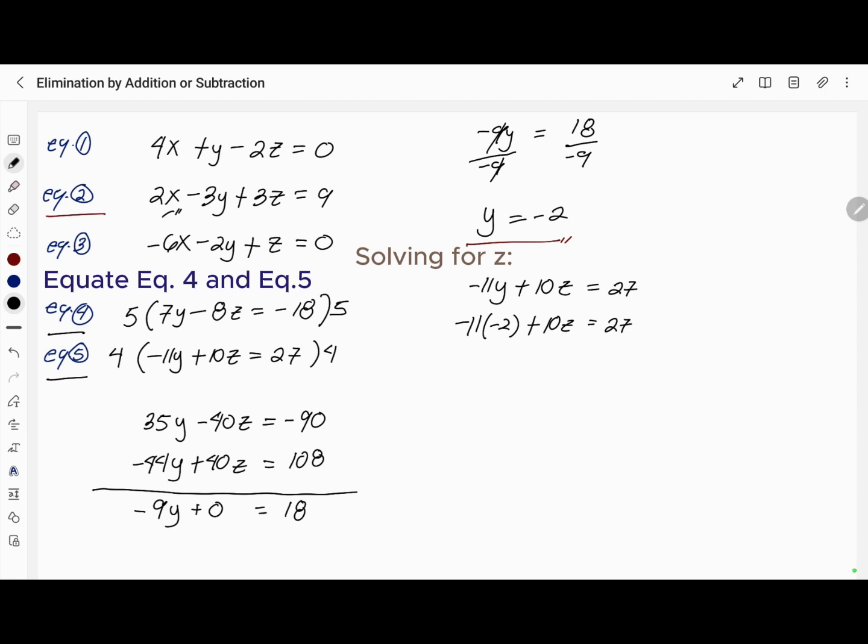Okay, negative 11 times negative 2, we have positive 22. Then transpose the 22. We have 27 minus 22. 27 minus 22 is equivalent to 5. Now divide both sides by 10. We get the value of z equivalent to 1 half.